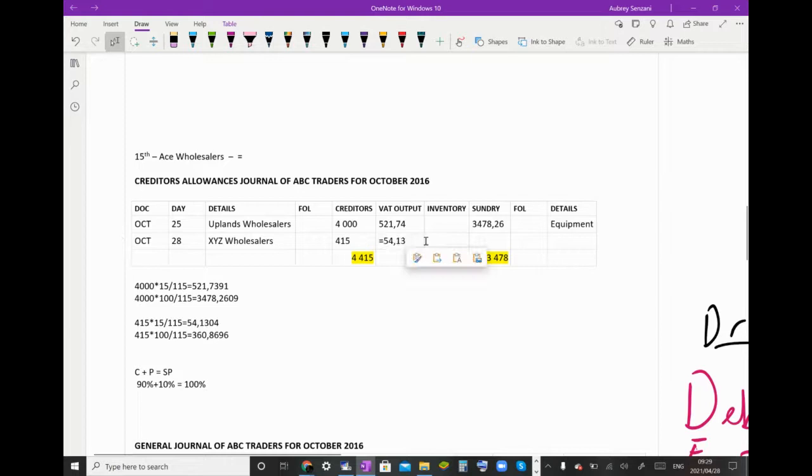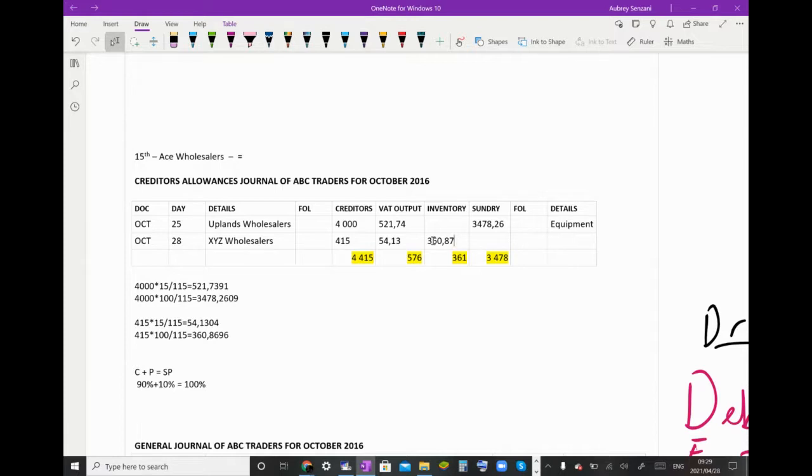And can you see here what we have? We have output VAT. Maybe let me just address that in a second. Let's first finish here. And then let's put this amount under inventory. 87. Okay, cool.